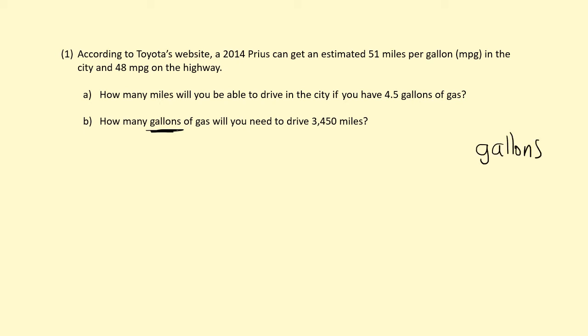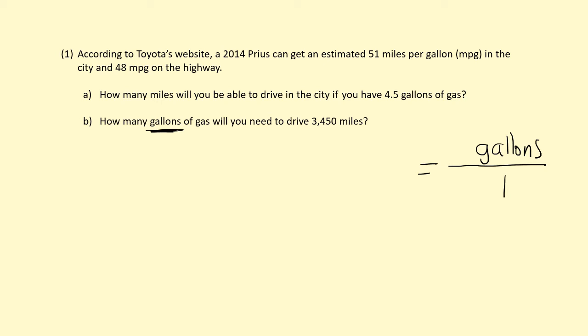And since this isn't a rate, it's just going to be gallons, we know we can put that over 1. So our answer, we have to come up with some number of gallons. And again, we're going to start, just like last time, with the rate that we're given. In this case, the rate is the gas mileage.